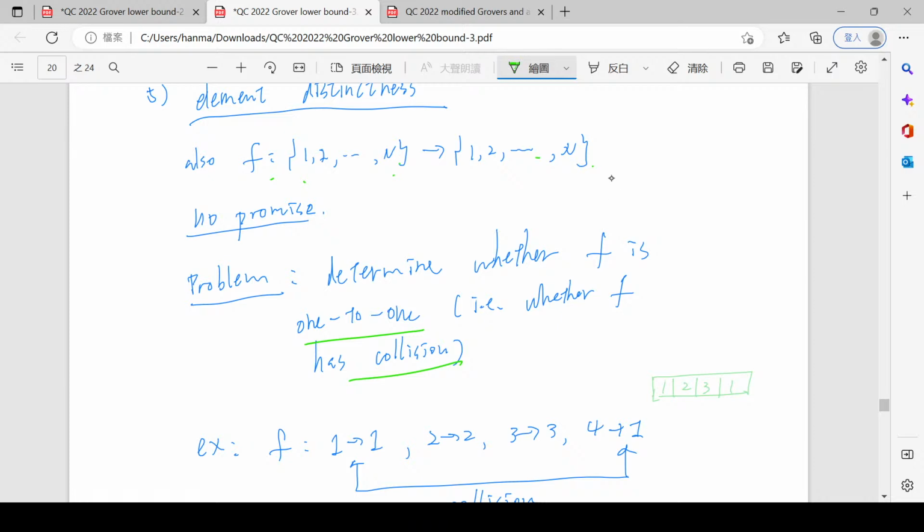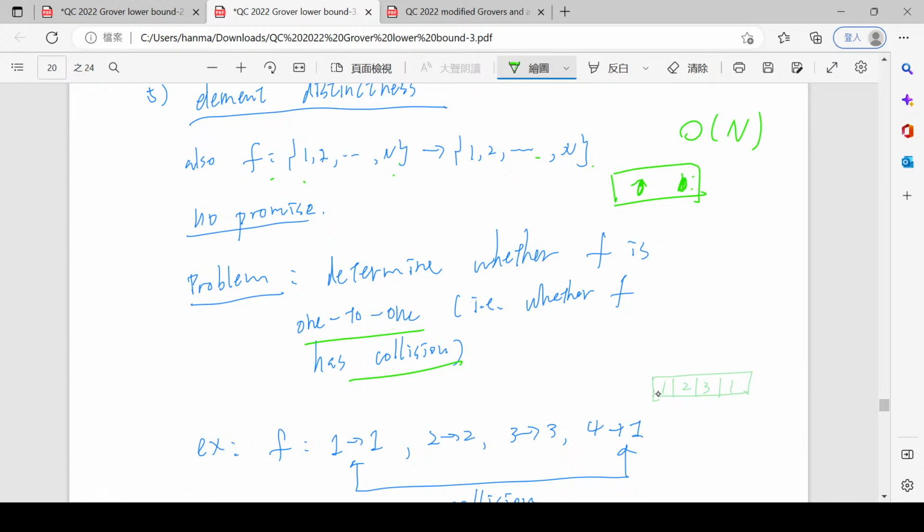For the collision problem, every element must have a collision with another element. We say that the number of collision pairs is order n, because there are n over 2 collisions. But for this problem, there is no promise on the function, so the number of collisions can be just 1.